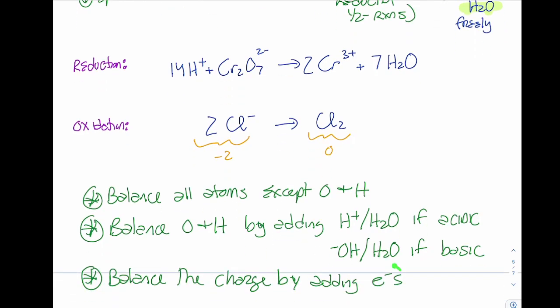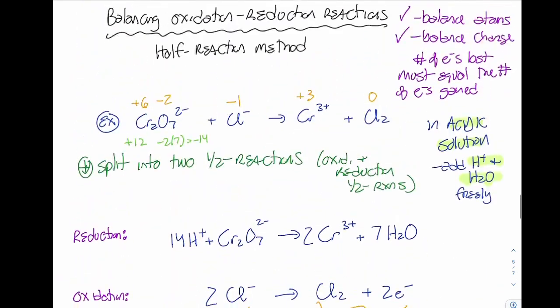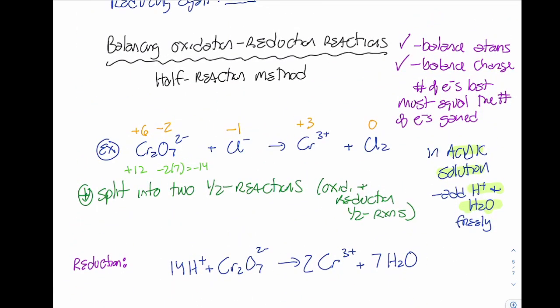Electrons are negative, so to balance my charge, I have to go and add 2 electrons to this side, right? Now I have a net charge of -2. So I have a -2 on both sides. My charge is balanced, right? Remember, if we go back up, we said one of the things we had to do was balance charge. We've already balanced our atoms. Now we're working on the charge.